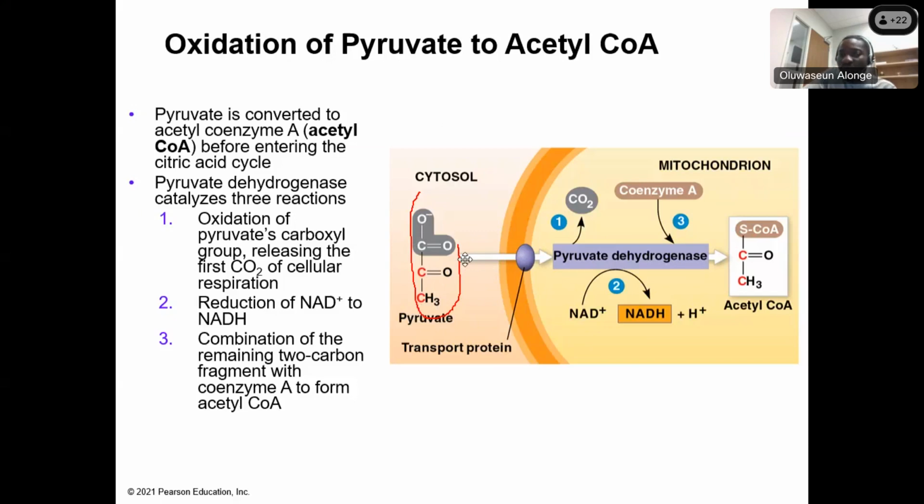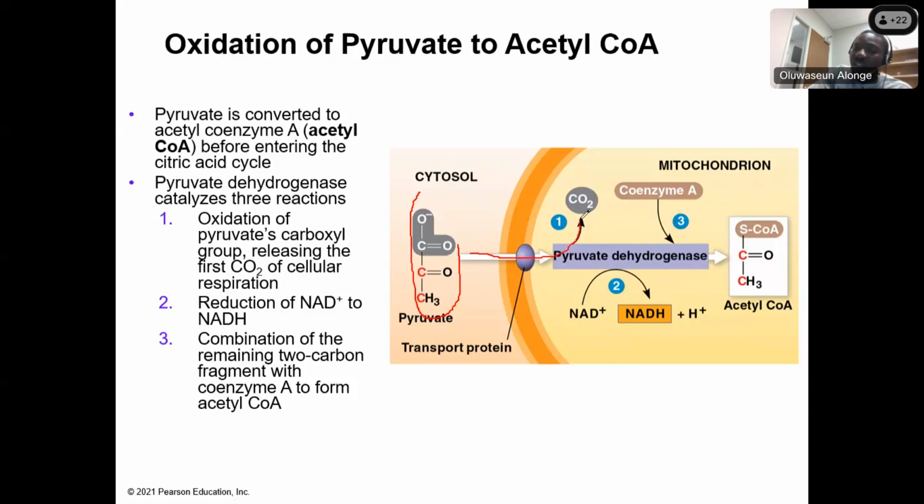The purpose of this stage is simply to change pyruvate to become a 2-carbon compound. So what's going to happen? You see this transport protein here helped, and then in the whole cycle, let me show you this, then I'll go through the story.